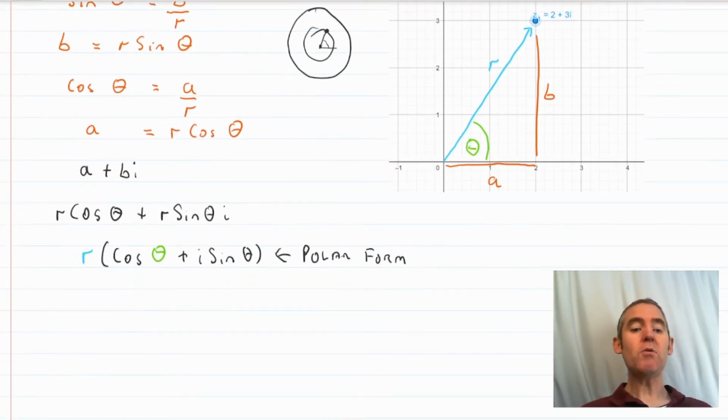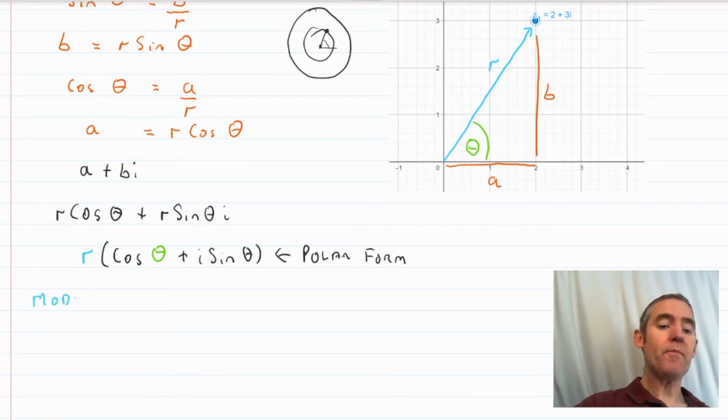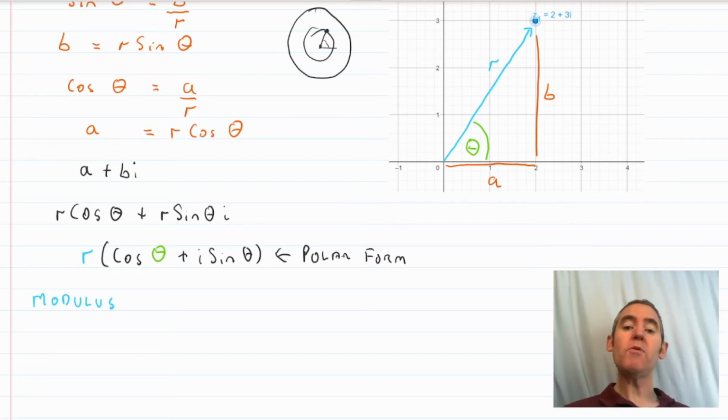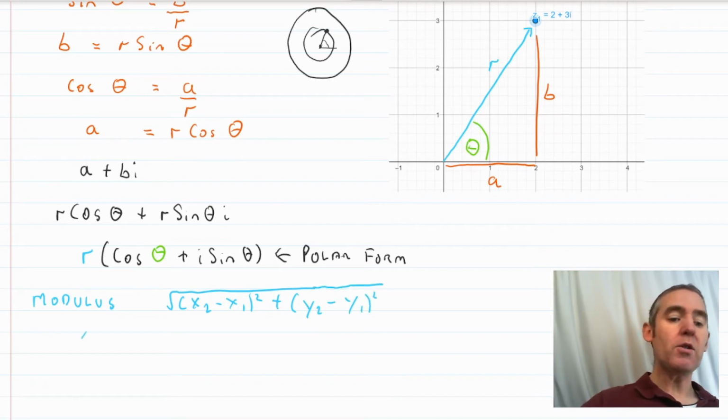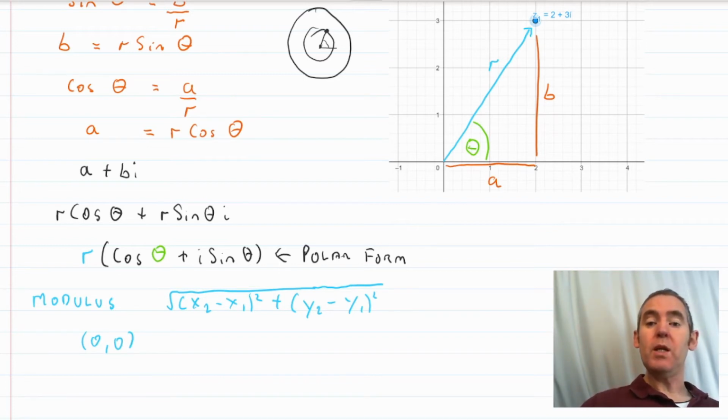What we need to do is first find the modulus. So how do you get the distance between two points? Of course, we can use the distance formula: the square root of x2 minus x1, all squared, plus y2 minus y1, all squared. In this case, the origin is one of our points, and we'll take a and b to be the other point.